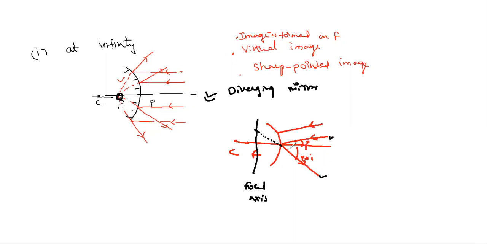To that I have extended the construction ray. Next, from that point I am connecting the next incident ray. This will be the reflected ray. Like this you will get the rays. You will get the image at this point I dash. I hope all of you understood.